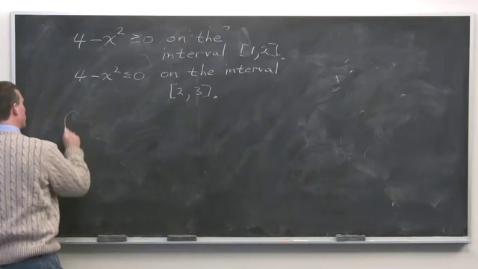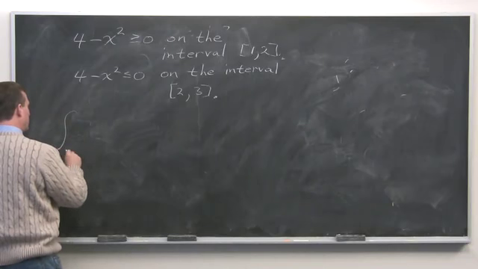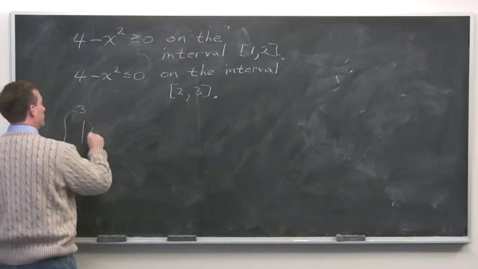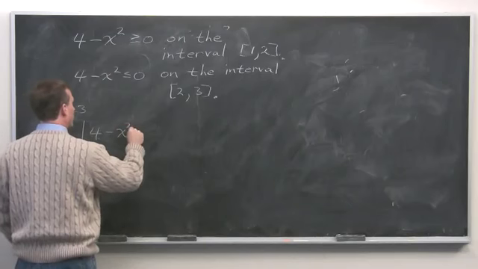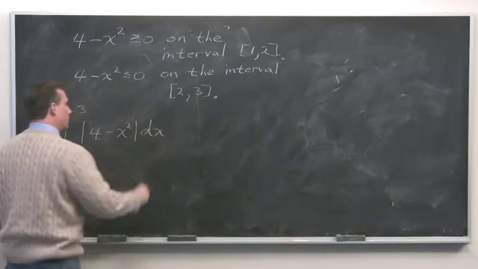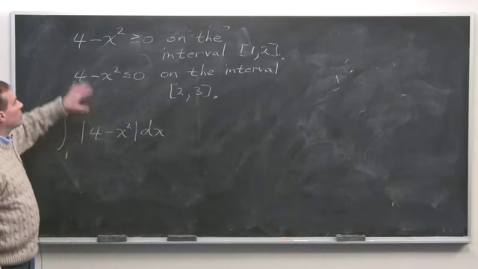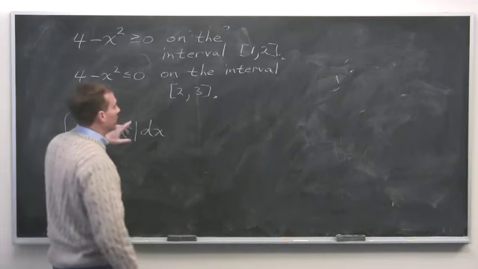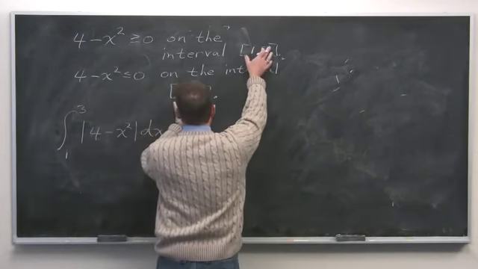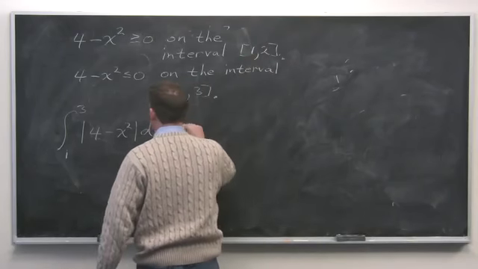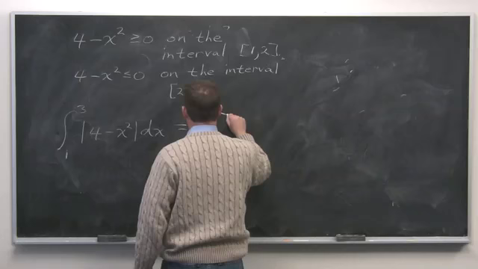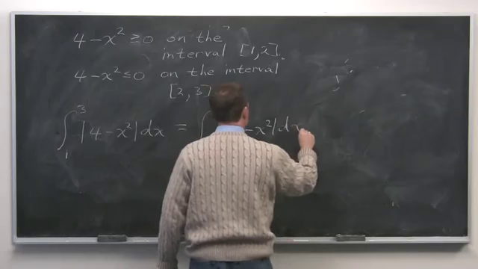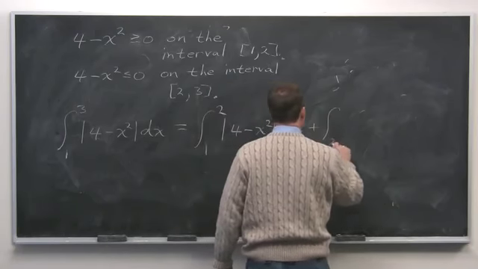So what do you get? We're integrating from 1 to 3 the absolute value of 4 minus x squared dx. We split the interval that we're integrating over where we had to split it, and that's at 2. So you write this as the integral from 1 to 2 of the absolute value of 4 minus x squared dx, plus the integral from 2 to 3.